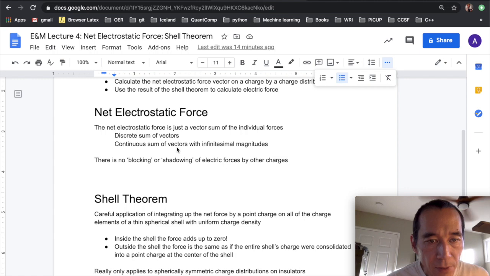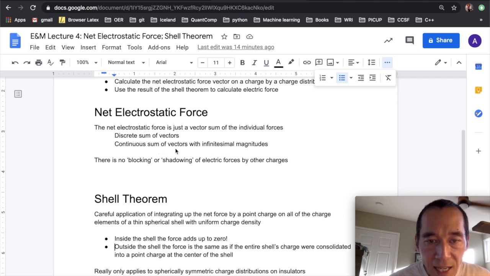This lecture is split up into two major portions that are definitely going to overlap, but I'm going to spend a lot of time at the beginning talking about what it means to calculate the net electrostatic force. It's going to start off discretely, that is, you may use a summation symbol, that capital sigma, but I'm also going to indicate that you can do the process of adding up the net electrostatic force in an infinitesimal way.